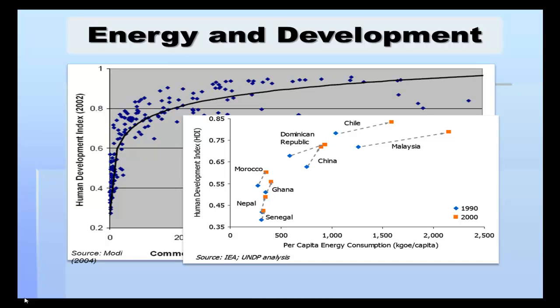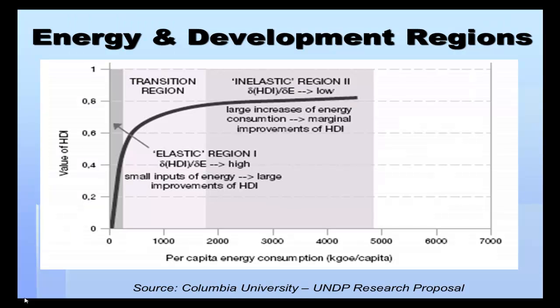But for the low end, where HDIs are low, commercial energy seems to make a big difference one way or the other. So this is translated into a stylized curve that was developed by Amulya Reddy and picked up by Vijay Modi and colleagues at Columbia University.